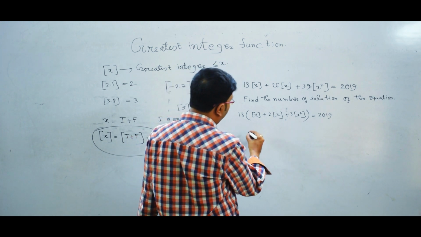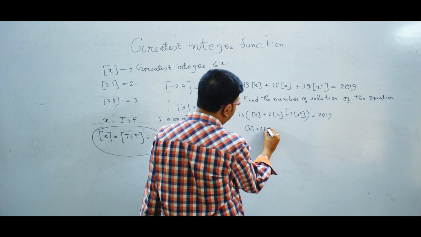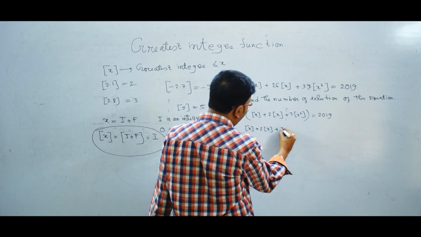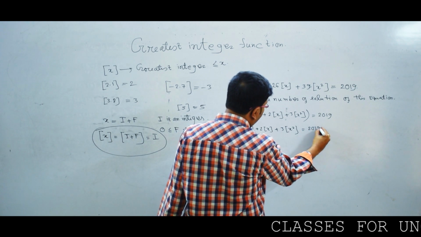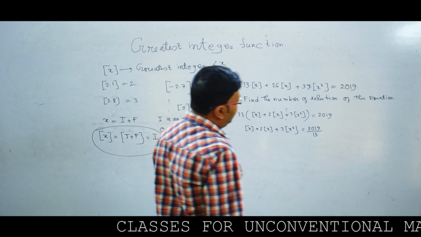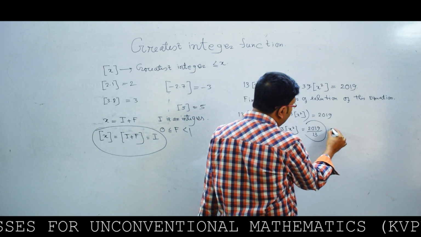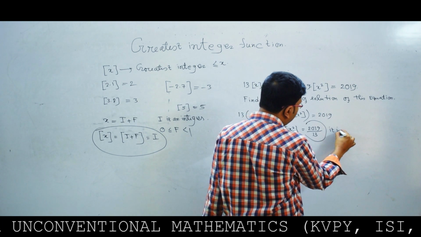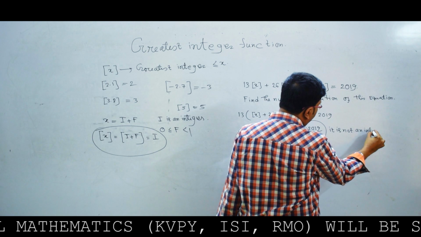Now box x plus 2 into box x plus 3 into box of x square equal to 2019 by 13. Now we know that 13 does not divide 2019, so it is not an integer.